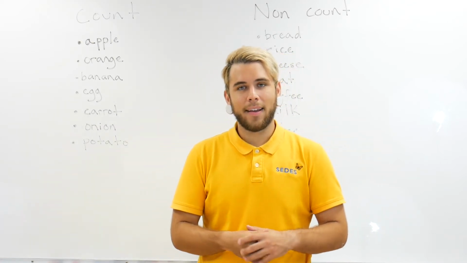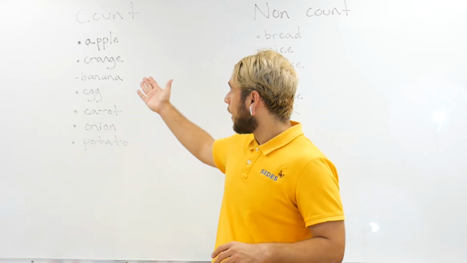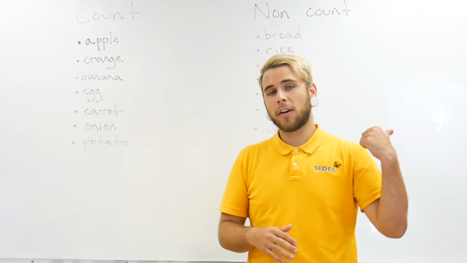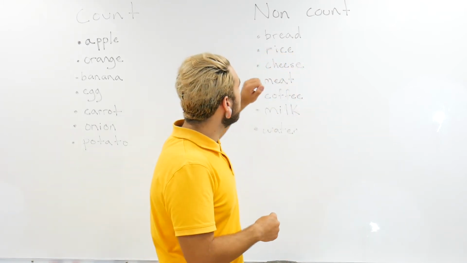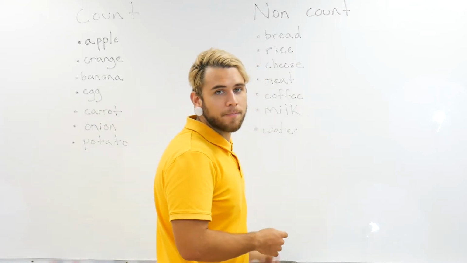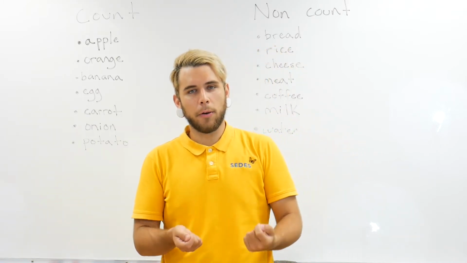How many apples do you have? How many oranges do you have? And for non-count, you say how much rice do you have? How much milk do you have? Because it's hard to count the actual amount of milk.